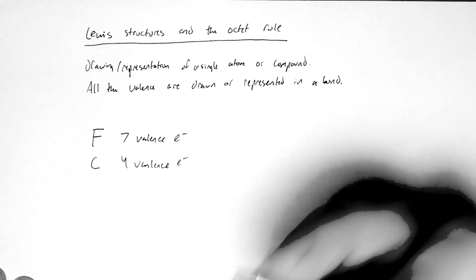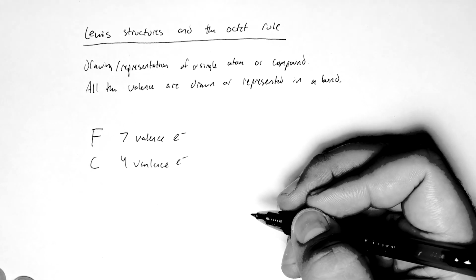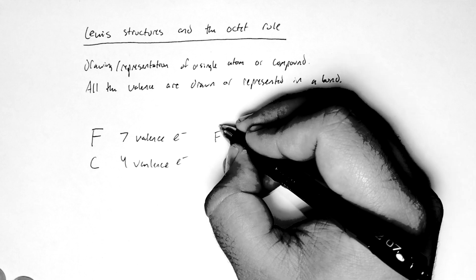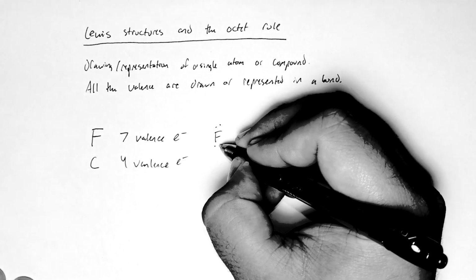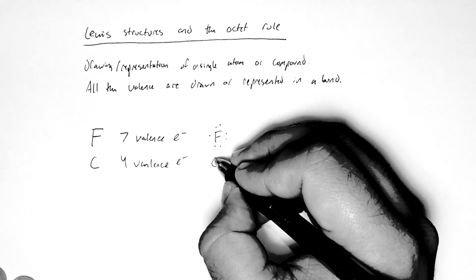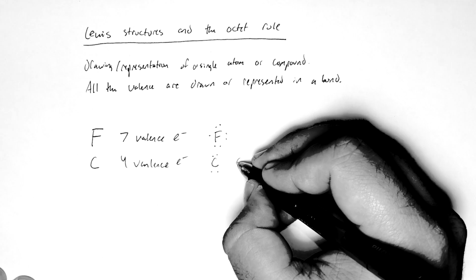So how would this look for each respective element and that one atom of an element? Well, fluorine would have 7 dots around it. 1, 2, 3, 4, 5, 6, 7. For carbon, it would only have 4 dots around it. And you can draw these dots anywhere.